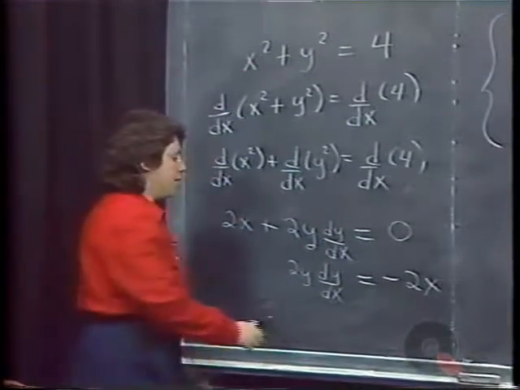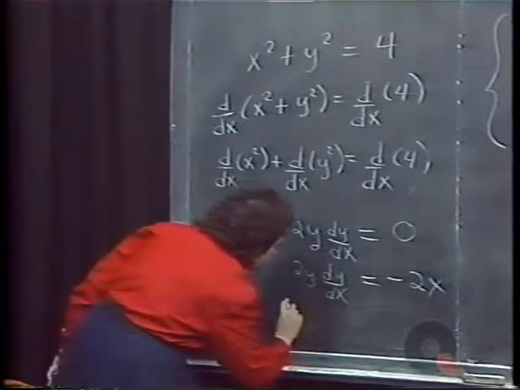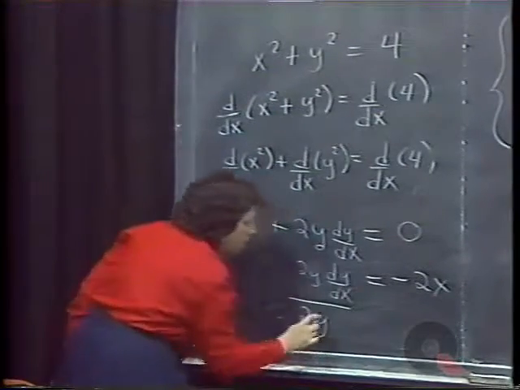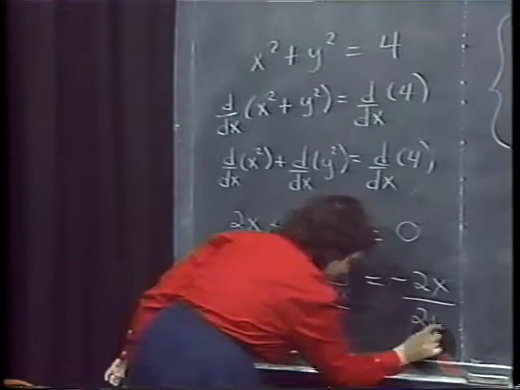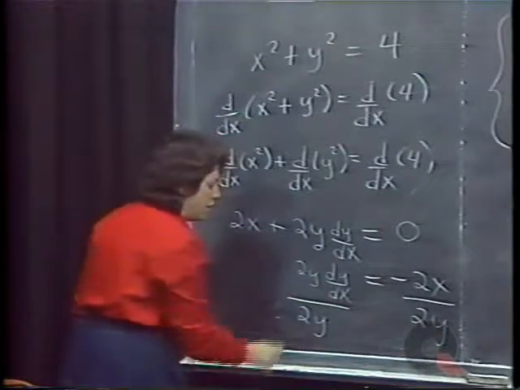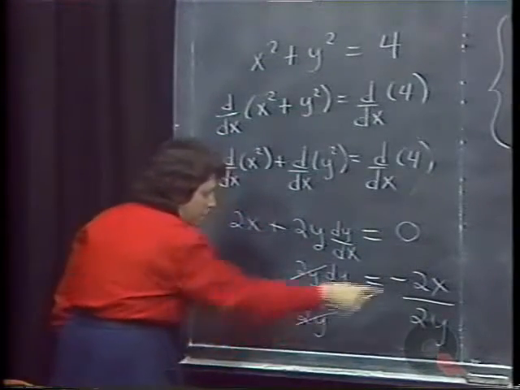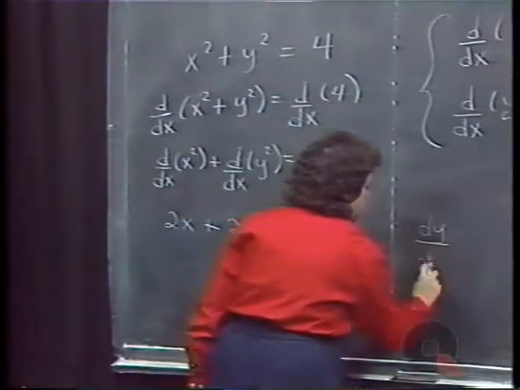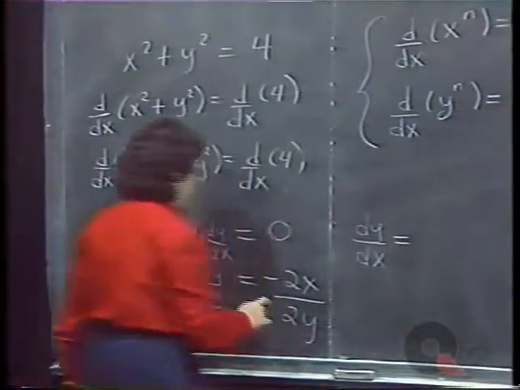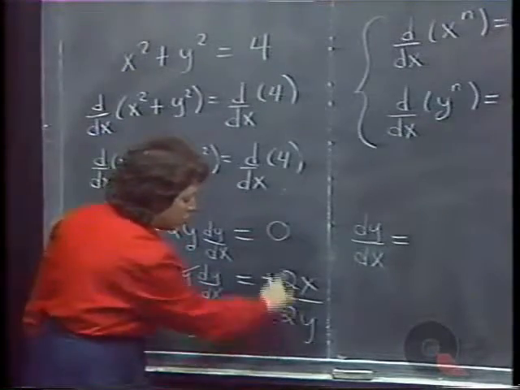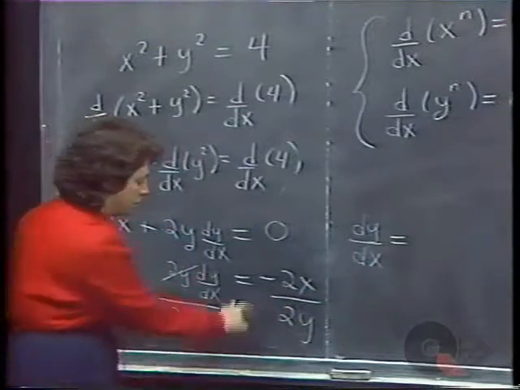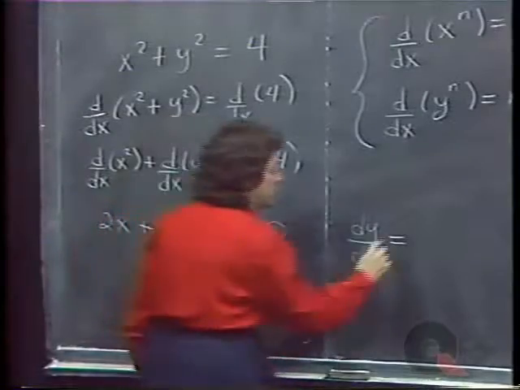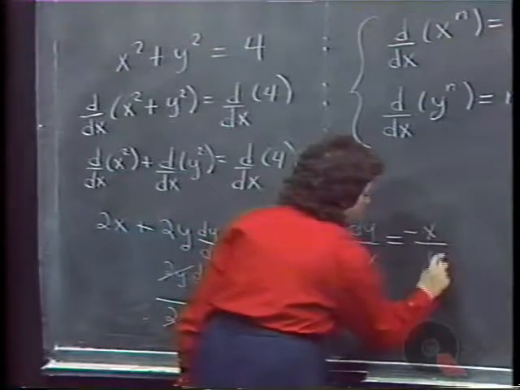And now finally, we want to get dy dx alone, so we'll divide both sides by 2y. We get rid of it here, and we will have dy dx is equal to minus 2x over 2y. We can divide top and bottom by 2 or cancel the 2, so we get minus x over y.